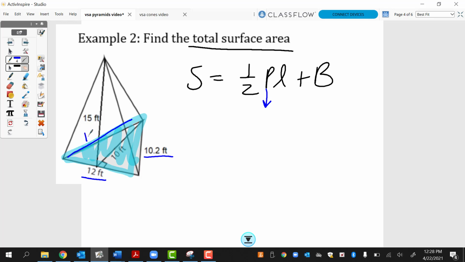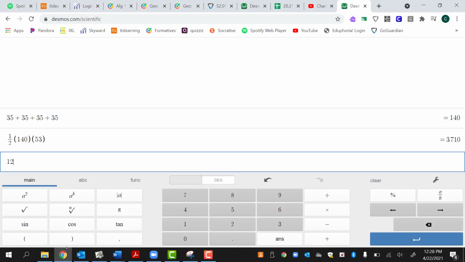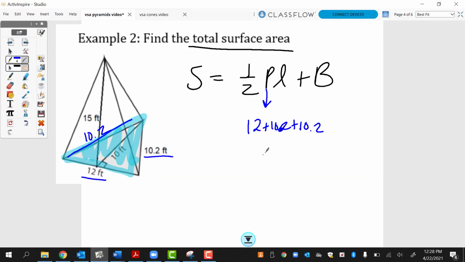This side over here is also 10.2. So 12 plus 10.2 plus 10.2 is 32.4. That's P.